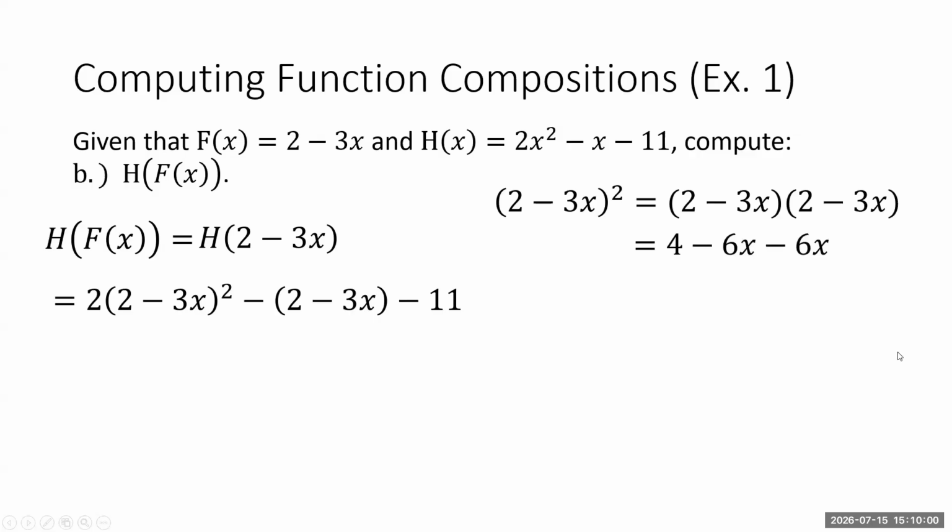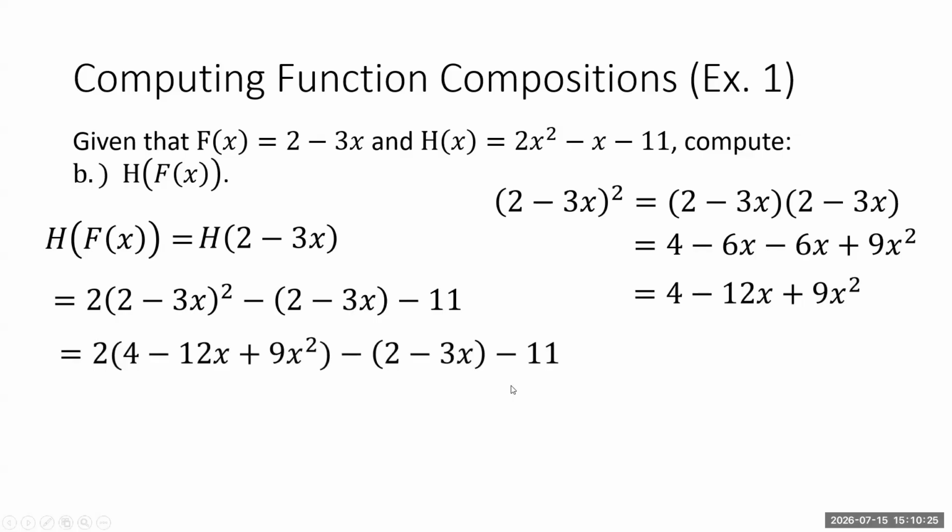So when I utilize the multiplication of the first terms, I have 2 times 2 is 4. The outer terms, 2 times negative 3x, I get minus 6x. Negative 3x times 2 is negative 6x, plus 9x squared, which is the result of negative 3x times negative 3x. After I collect and reorder the terms, I have 4 minus 12x plus 9x squared.